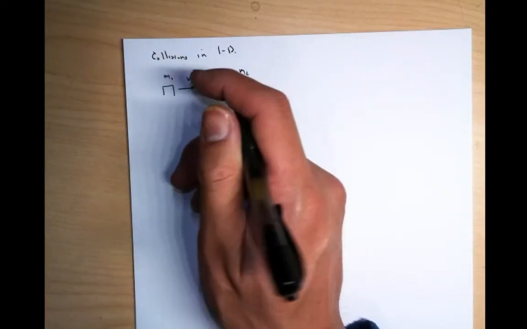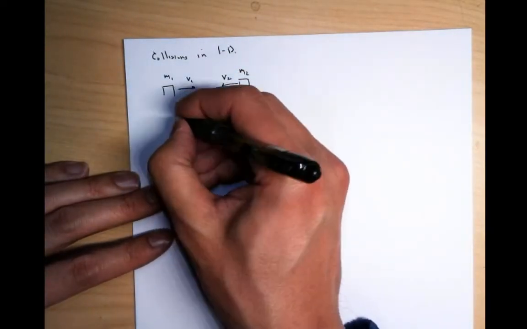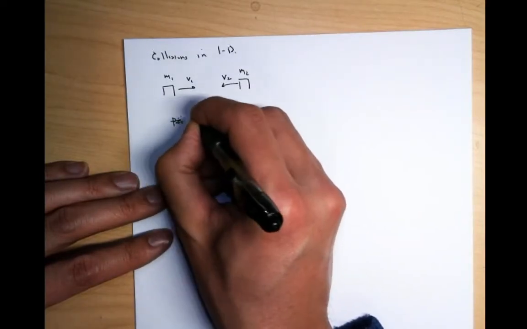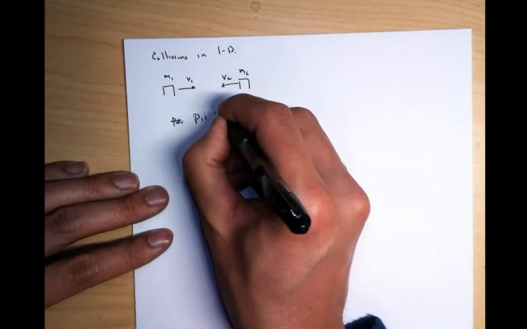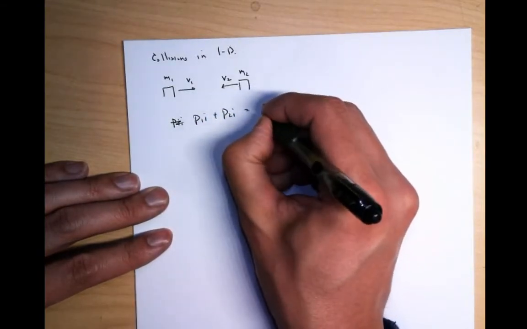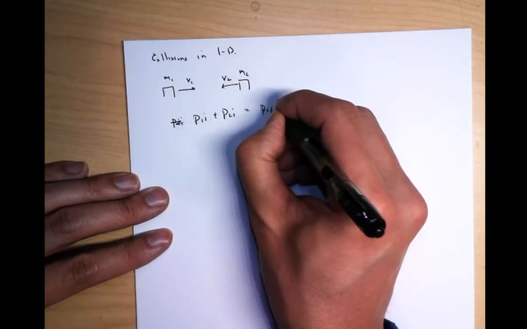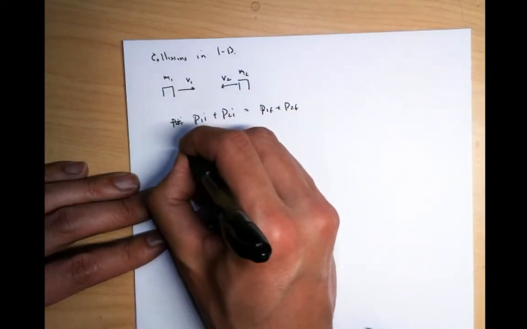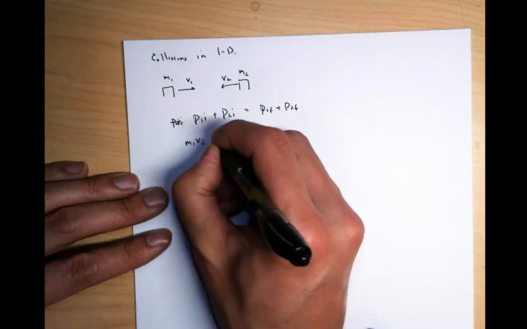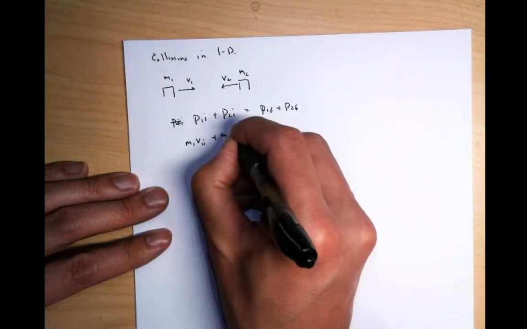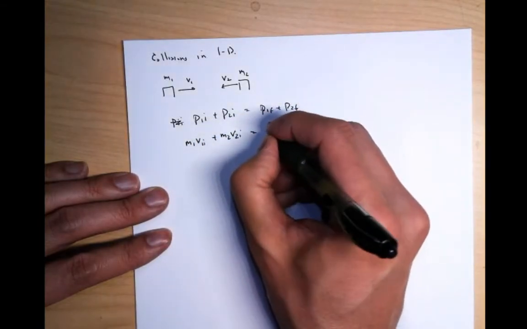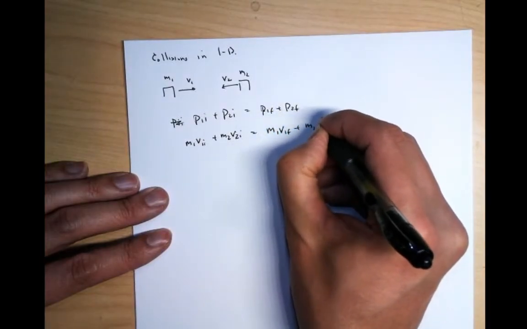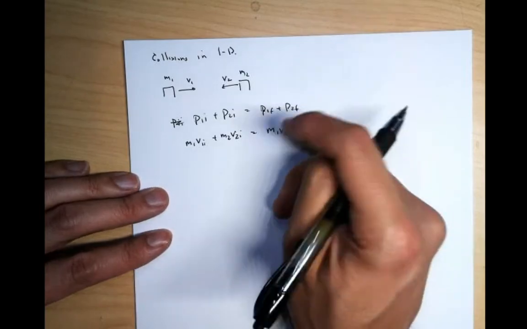Then what can happen is that the initial momentum, p1i plus p2i, is equal to the final momentum, p1 final plus p2 final. That's simply m1 v1i plus m2 v2i is equal to m1 v1 final plus m2 v2 final as well.